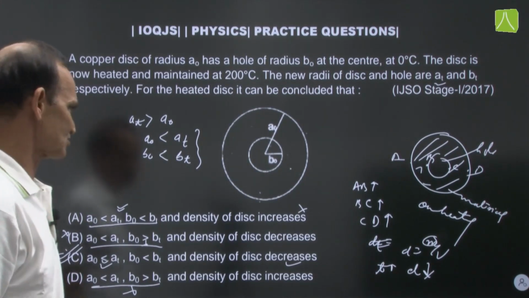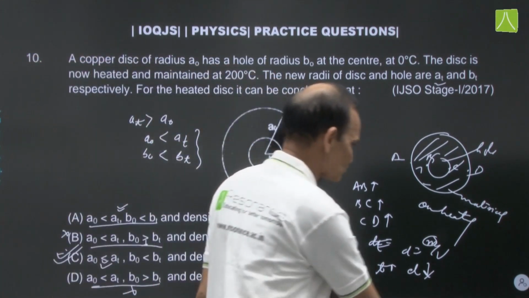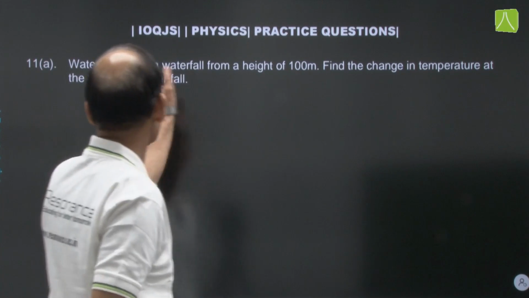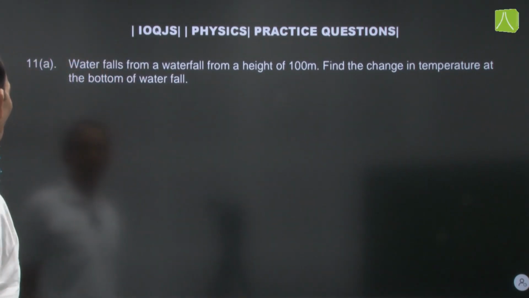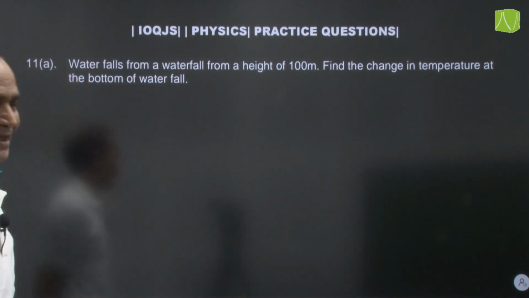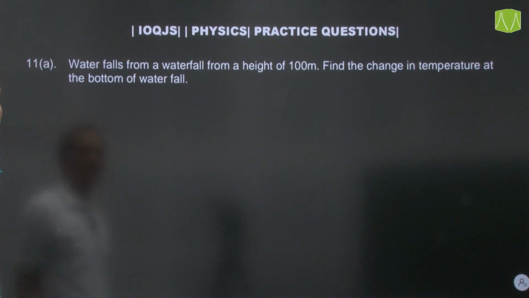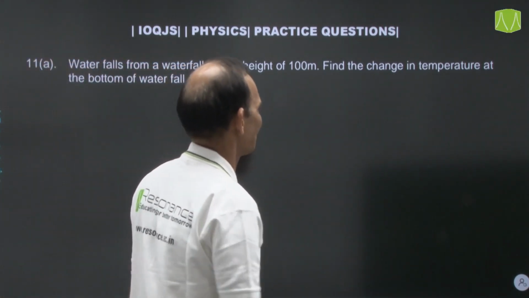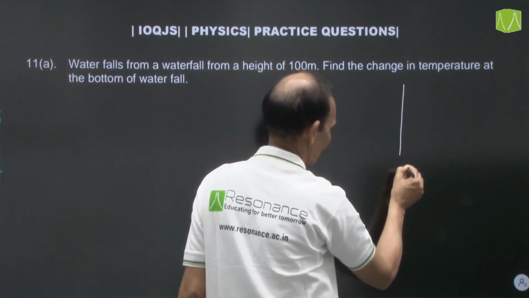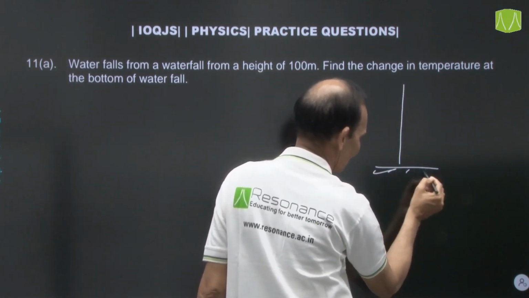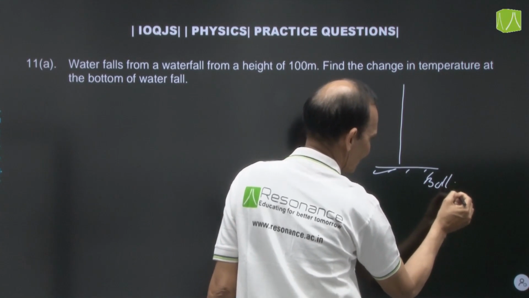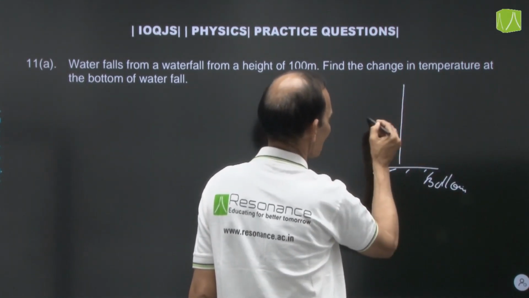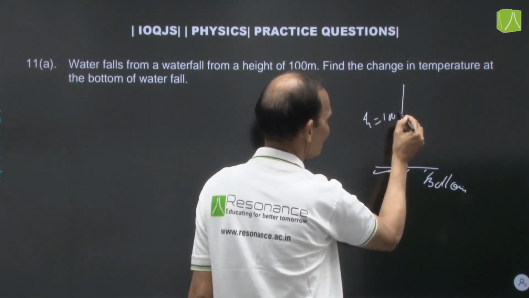It is also an important question. Now the next question is, now these are the subjective questions. This is question number 11, part A, subjective question. Water falls from a waterfall from a height of 100 meter. See here, at the bottom of the waterfall, its height is given as 100 meter.